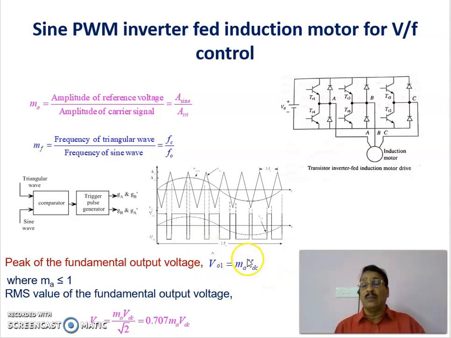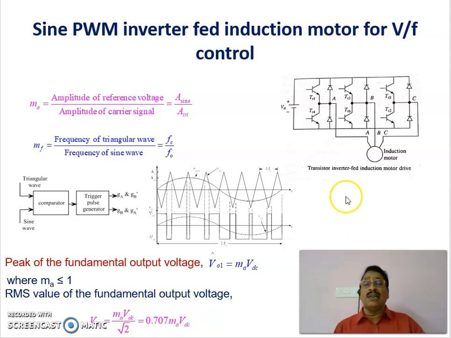This is the maximum magnitude, and MA can be 1 or less than 1, maybe 0.8, 0.9 or 0.7. Therefore, the RMS value of the output voltage is MA VDC divided by root 2, which is 0.707 MA times VDC.